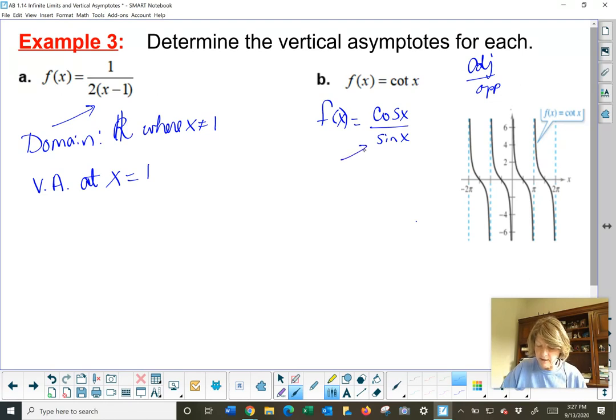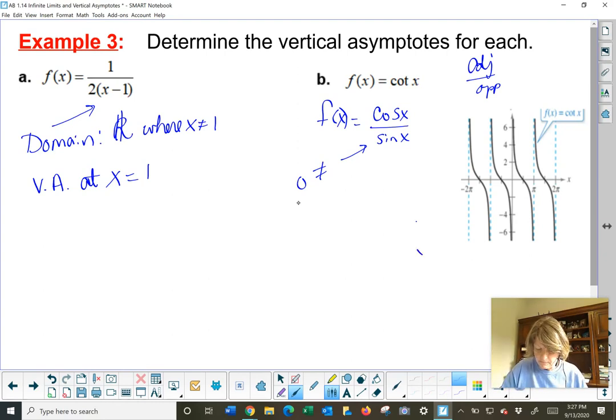Well, I definitely don't want my denominator to equal 0. So when does sine equal 0? At 0, at pi, at 2 pi, at 3 pi, at 4 pi, on the pi's, right?